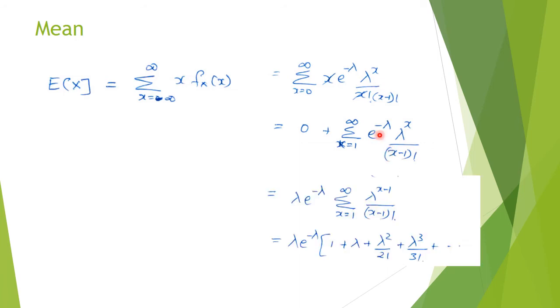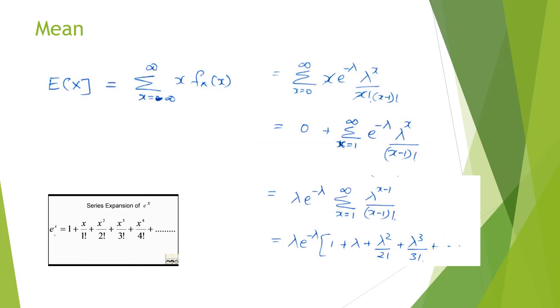Now e raised to minus lambda is a constant which we can take outside. The denominator is x minus 1 factorial. Let us make the power of lambda the same. Lambda raised to x is there, so take lambda outside, and you have lambda raised to x minus 1 divided by x minus 1 factorial. Now we will expand this summation. When x is equal to 1, it will be lambda raised to 0 divided by 0 factorial, that will be 1. For x equal to 2, it will be lambda raised to 1 divided by 1 factorial, then lambda square by 2 factorial, lambda cube by 3 factorial, etc., up to infinity.